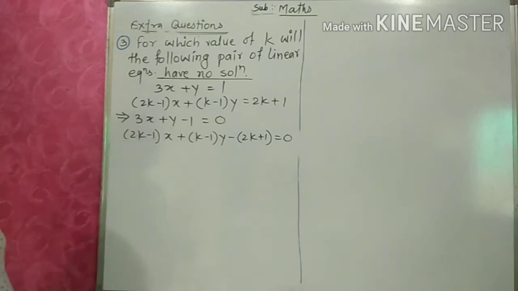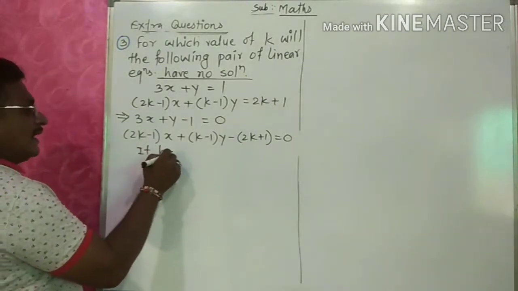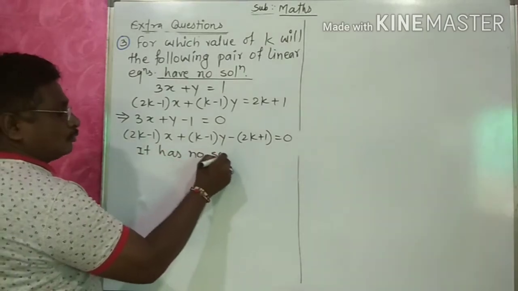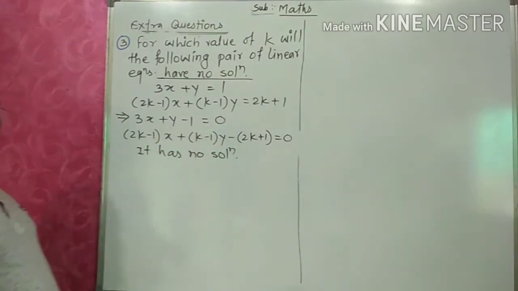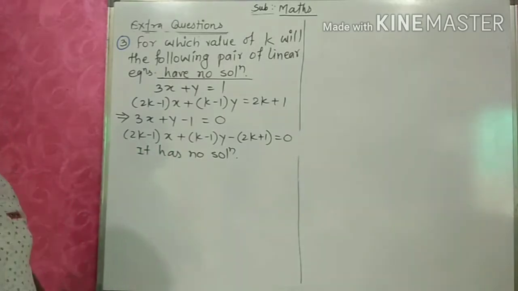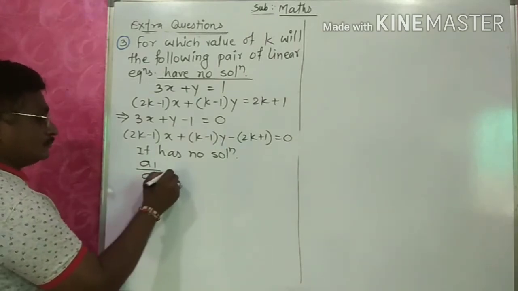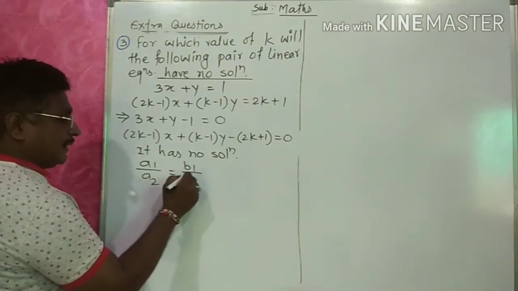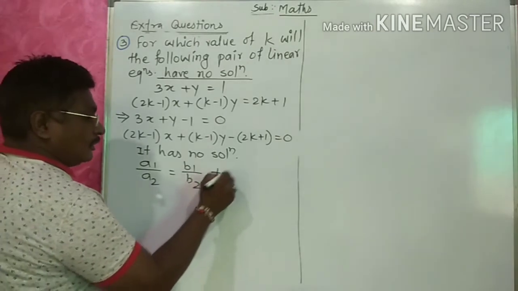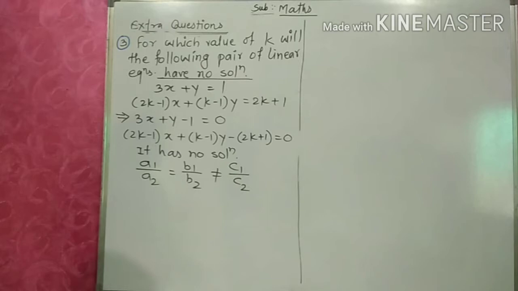In the standard form, the condition is that it has no solution. So what is the condition? A1 by A2 equals B1 by B2 not equal to C1 by C2. This is the condition. Now substitute the values.